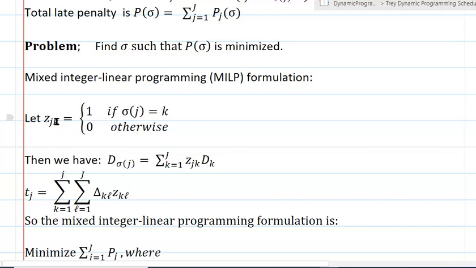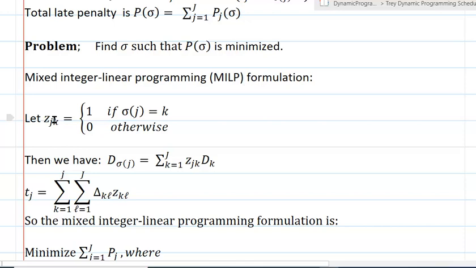An indicator variable takes values of 1 or 0. You may know this as a Boolean or logical variable. That's often used in programming. So my z_jk is 1 if the jth scheduled job is k, and it's 0 otherwise. So when I look at these z_jk, I can tell which job is scheduled at which position.